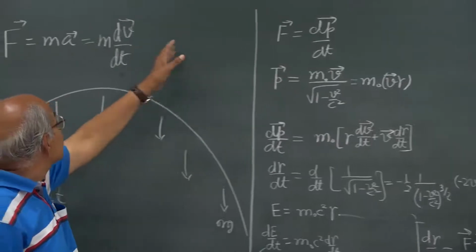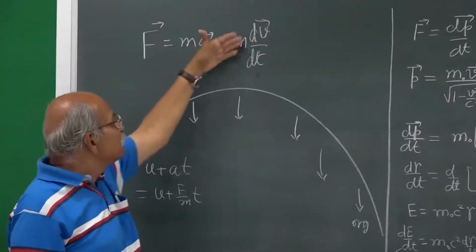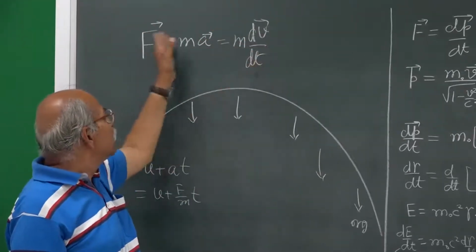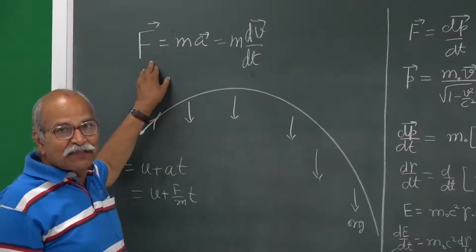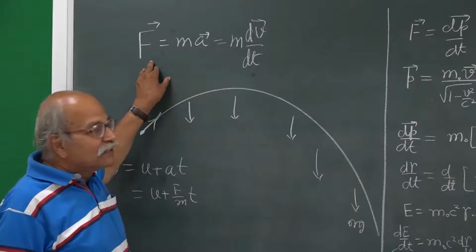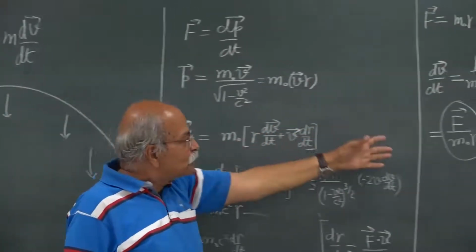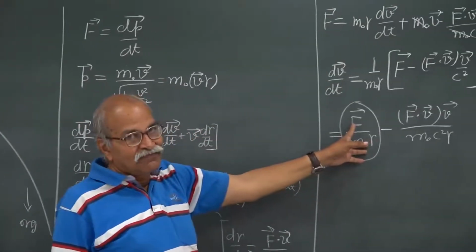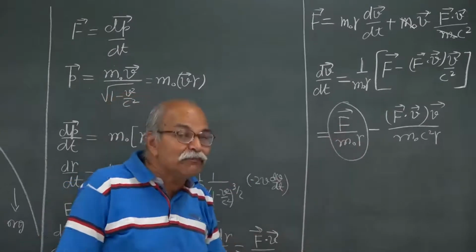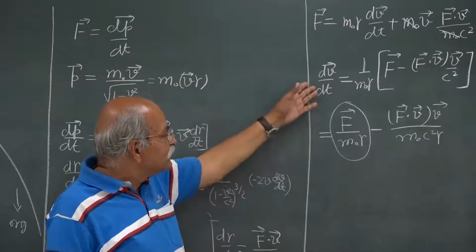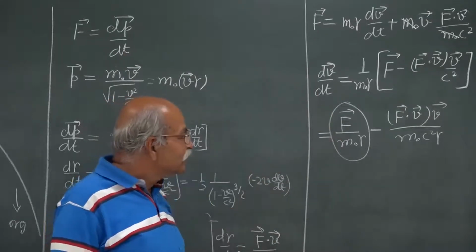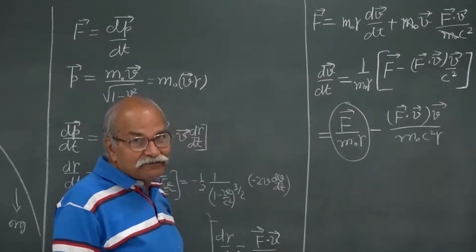If I say that no, it is relativity, do not use rest mass, use relativistic mass, you will get only one term, and therefore it does not help, and that is why we say that relativistic mass is not a great quantity.